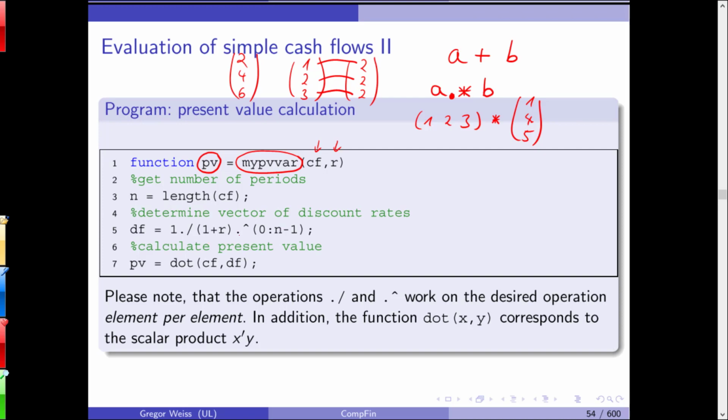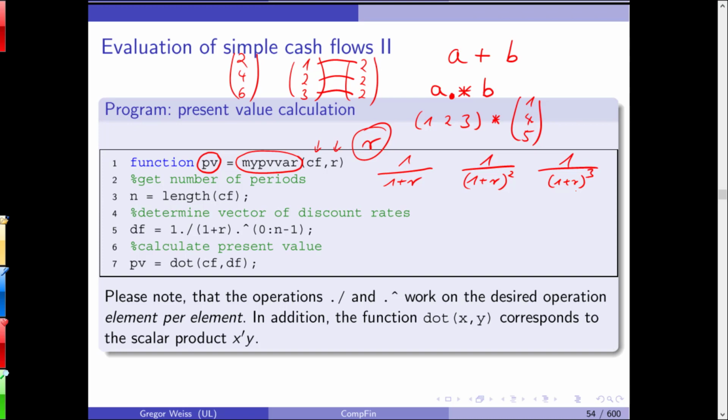Same here. I don't take it to a vector power. It's not defined. But if I have, for example, one interest rate r, I want to calculate 1 divided by 1 plus r, 1 divided by 1 plus r squared, 1 divided by 1 plus r taken to the third power, and so on.